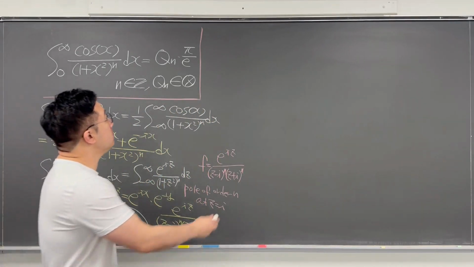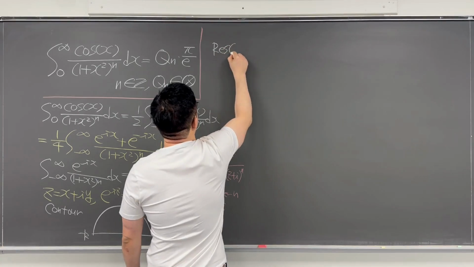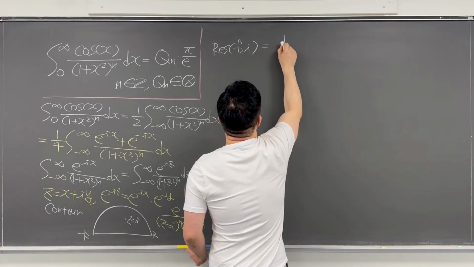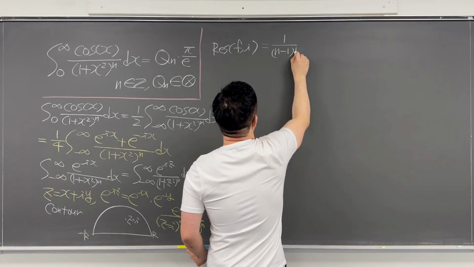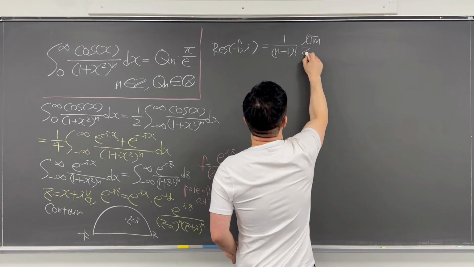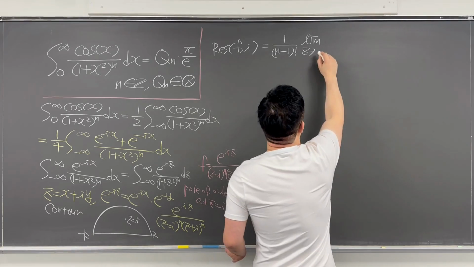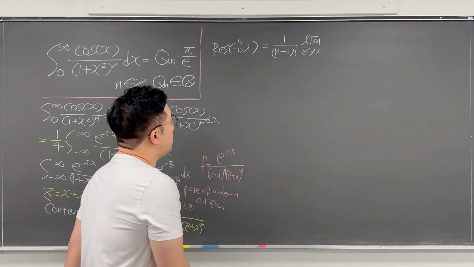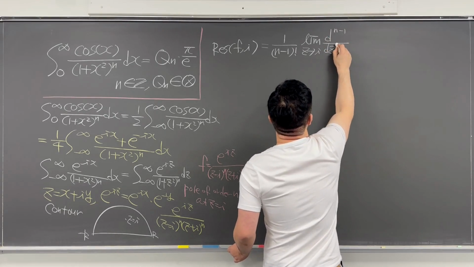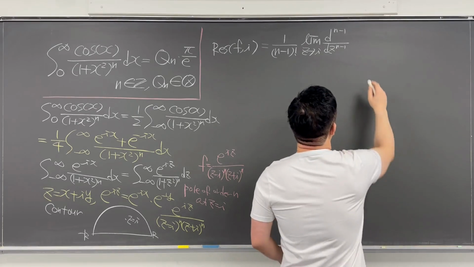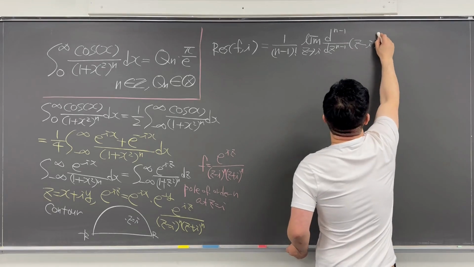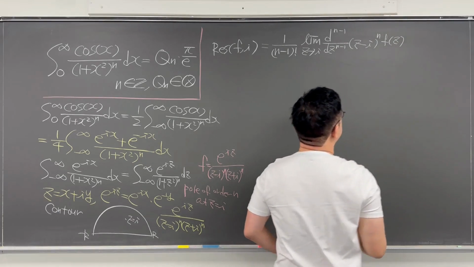So talking about the residue, this is going to be 1 over (n minus 1) factorial, that times the limit as z goes to i of d^(n-1) over dz^(n-1) of (z minus i) to the power of n times f of z.